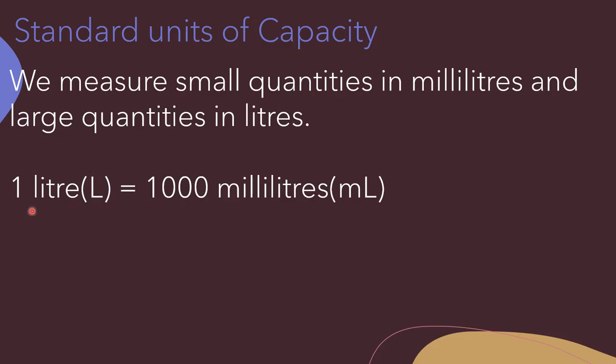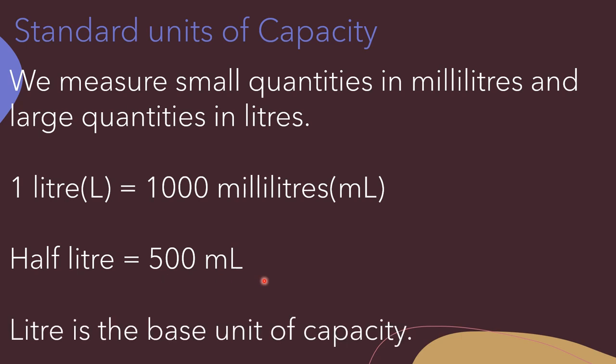L is the short form of liter and ml is the short form of milliliters. Okay, half liter is equal to 500 milliliters. Half means half of 1 liter, beta, and 1 liter is equal to 1000 milliliters. That's why half liter is equal to 1000 divided by 2, which is equal to 500 milliliters.